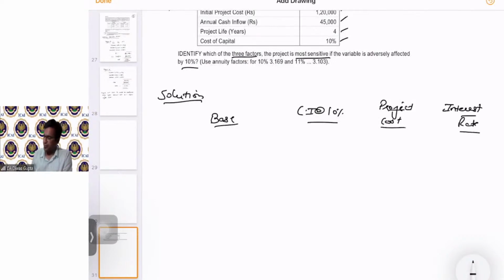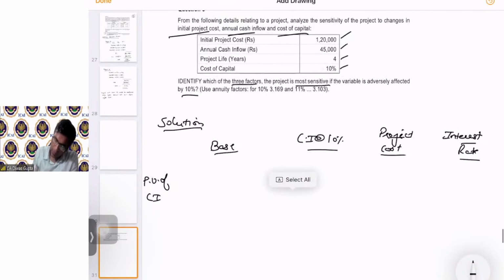Interest rate. So the present value of cash inflow in base case is how much? 45,000 is there, right? Multiplied by the 10% factor, which is 3.169, right?